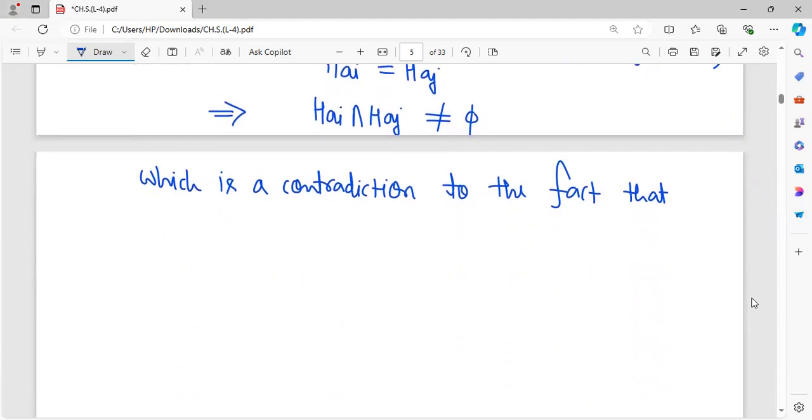They are pairwise disjoint. You take any i and j, H A_i intersection H A_j are disjoint.